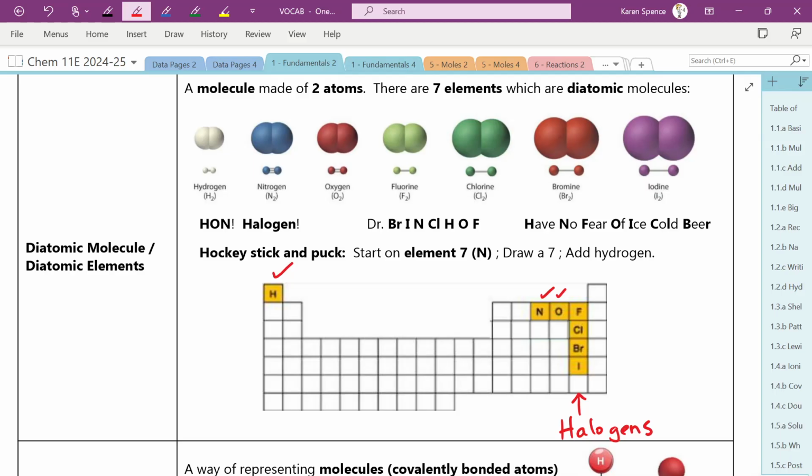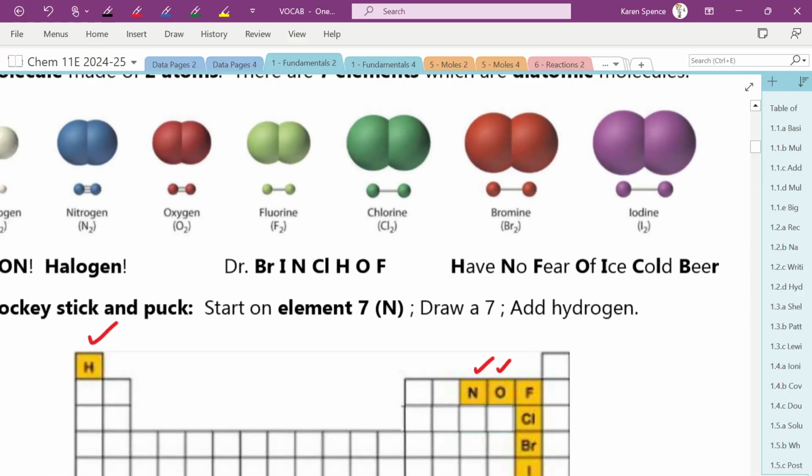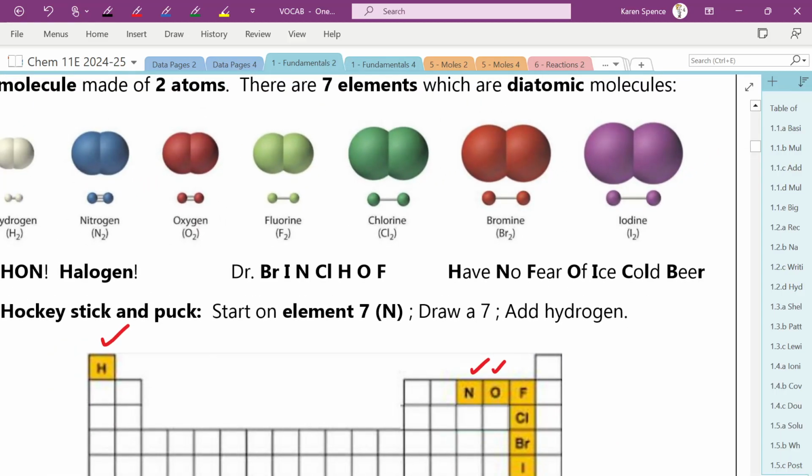Now, if that doesn't help you, you can ask Dr. Brinkelhoff for a little bit of help. Okay, Dr. Brinkelhoff can remind you. And if you don't like that one, you can also have no fear of ice cold beer. So maybe that one is more to your liking. And the Br and the Cl are at the end there.